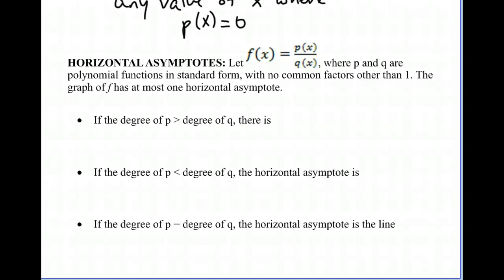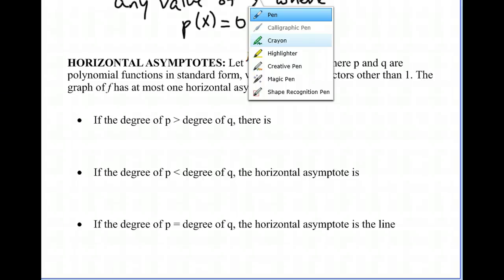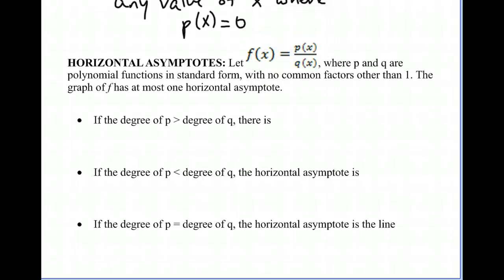Couple of different scenarios happening here. Notice that we're looking specifically at the degree. So we're looking for the degree of the numerator, and we're going to be looking at the degree of the denominator. And the degree, if we remember, is the value of the largest exponent ultimately. So if the degree of the numerator is greater than the degree of the denominator, it's kind of nice.